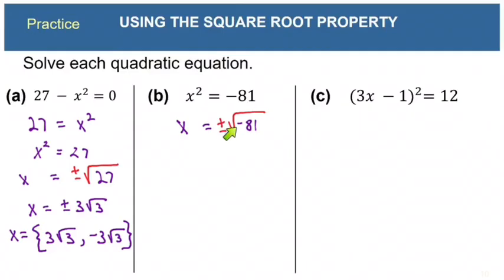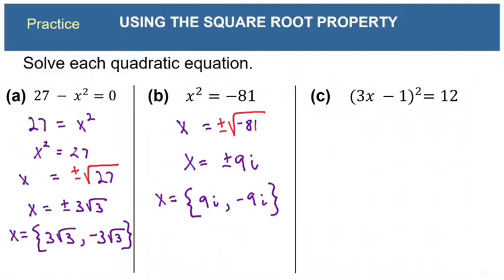And again, this can be reduced because we know that the square root of negative 1 is i, and we also know that the square root of 81 is 9. So our radical here is going to completely disappear. And we will have x equals plus or minus 9i. If you want to write that using the curly braces, you could say x equals 9i, comma, negative 9i.